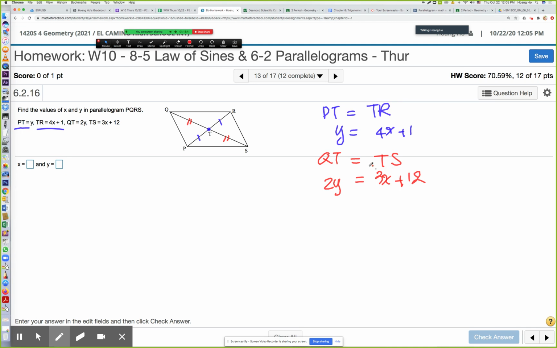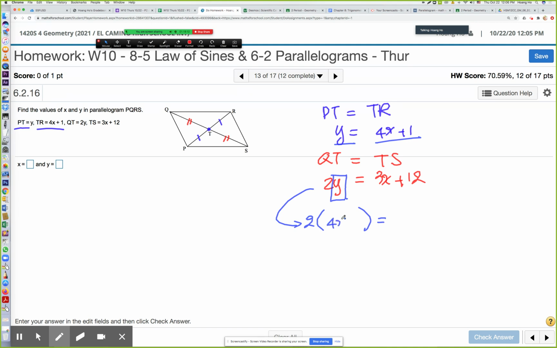All right. So you got two equations, so you can solve it. Every time you see y over here, you set it equal to 4x plus 1. So from this equation, every time you see y, I put 4x plus 1.